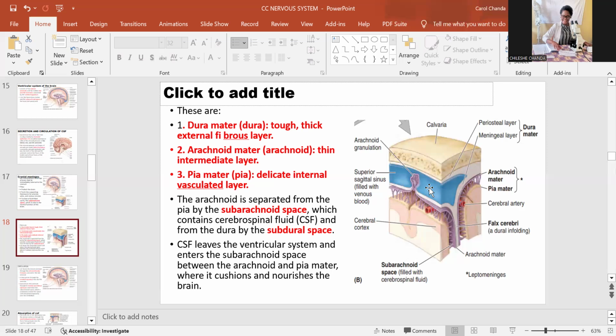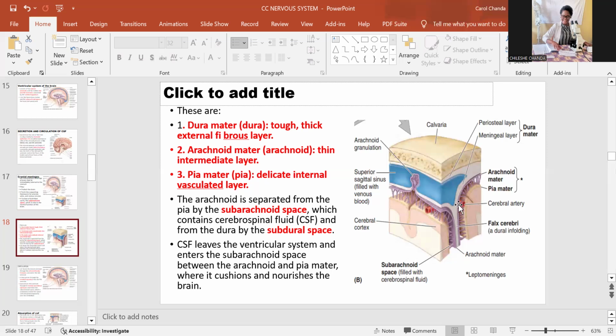If you've noticed here, it's saying superior sagittal sinus. This one was taken from the front of the person. So this furrow here is going to be the longitudinal sulcus that we talked about. This is going to be one cerebral hemisphere, and this is going to be another cerebral hemisphere.